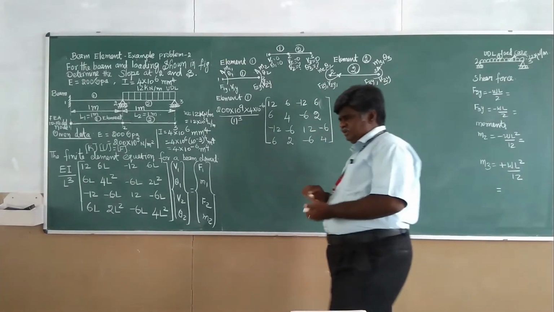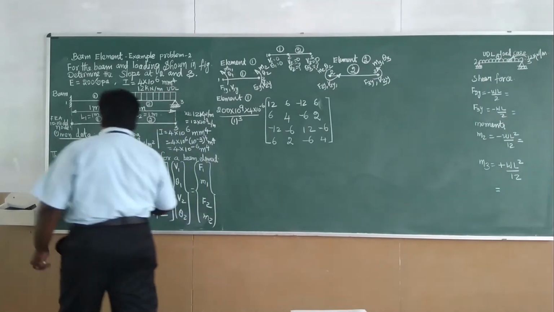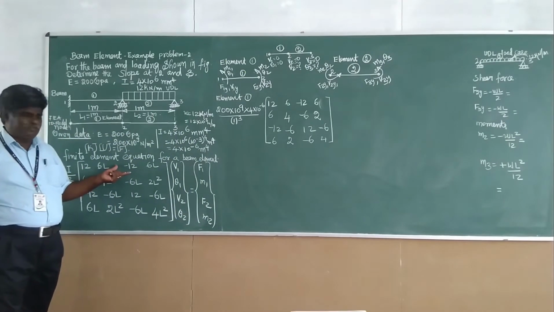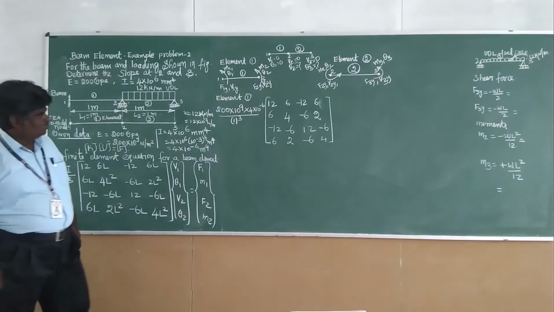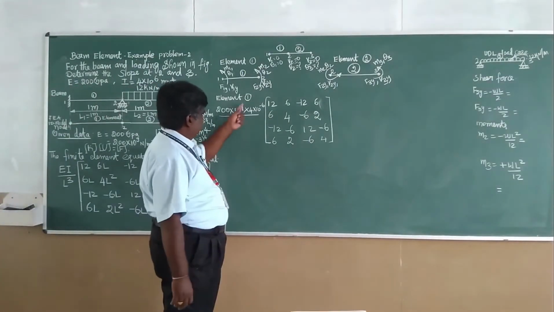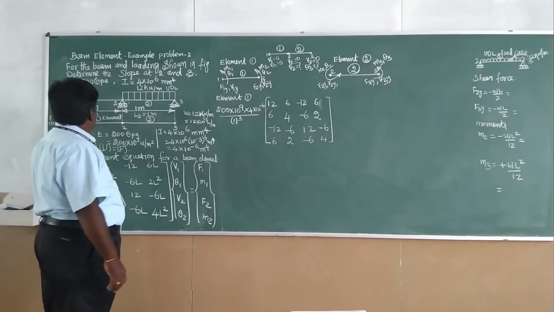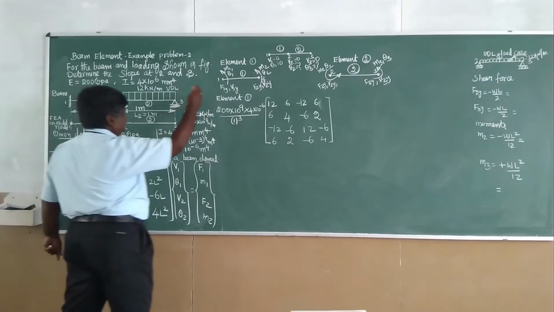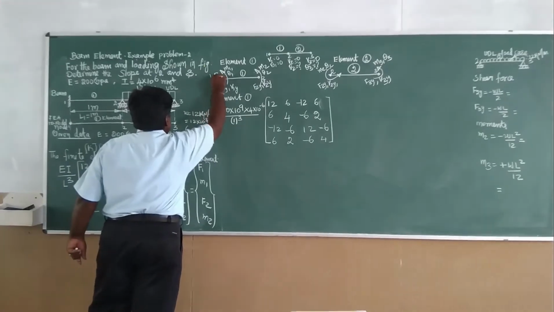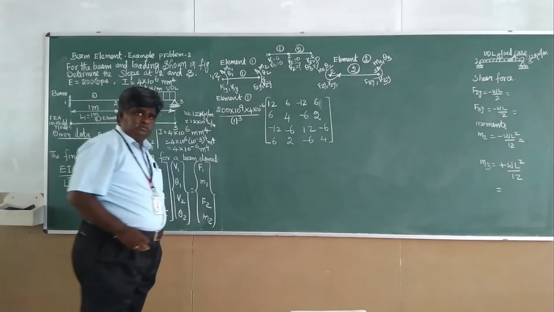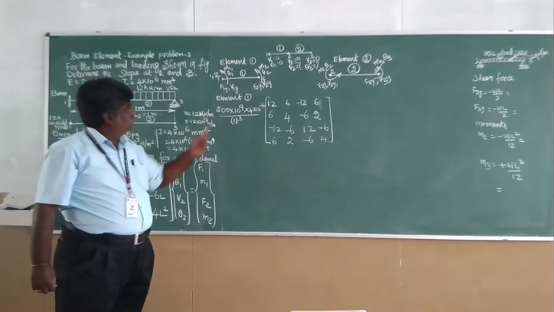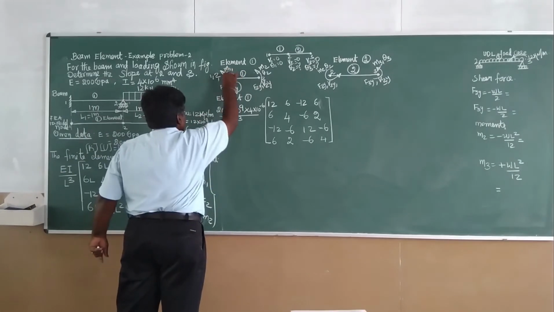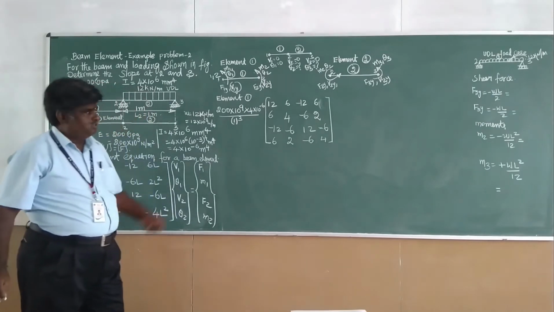So next we have to give the global number for stiffness matrix for element 1. For element 1, each nodal point will have two displacements: one is deflection and another one is slope.